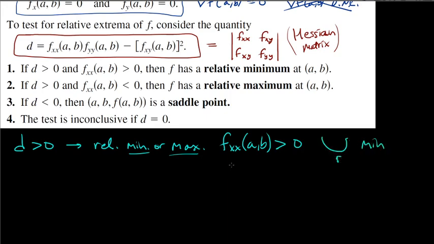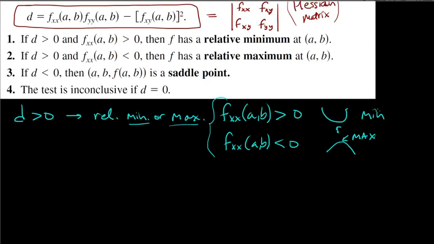Or if the second derivative is a negative number, that means it's concave down, and that means this is a maximum. That part is exactly the same as in Calc 1.